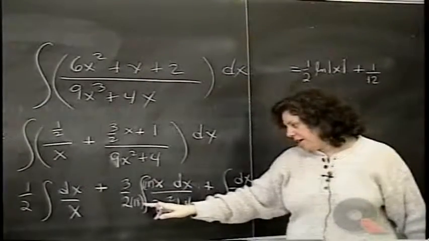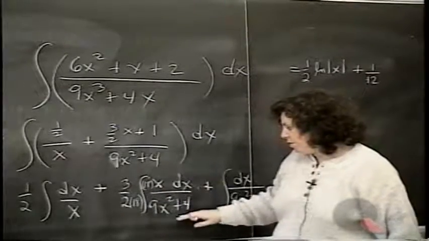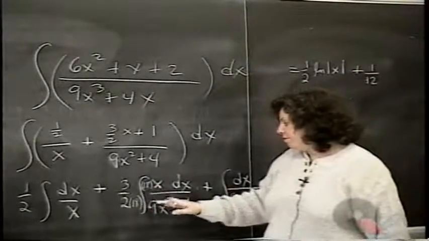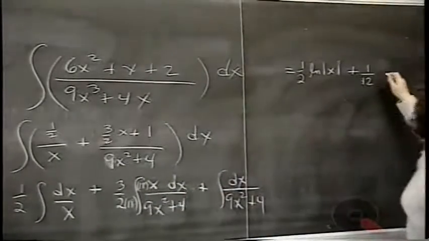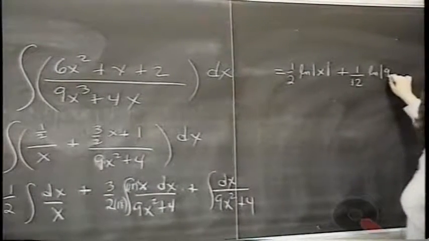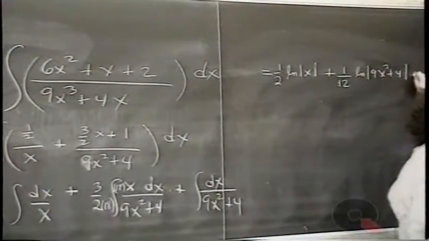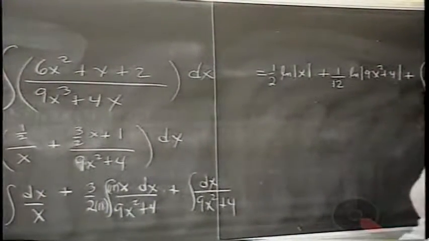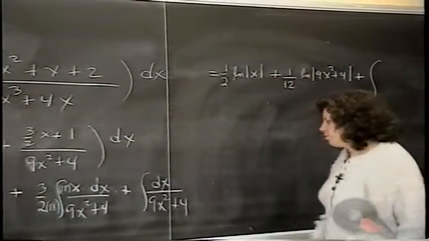So 3 goes into 18, 6 times, 1/12, the integral of du over u, or 1/12 ln of the absolute value of u plus c, or ln of the absolute value of 9x squared plus 4, plus the last one, which is dx over 9x squared plus 4.